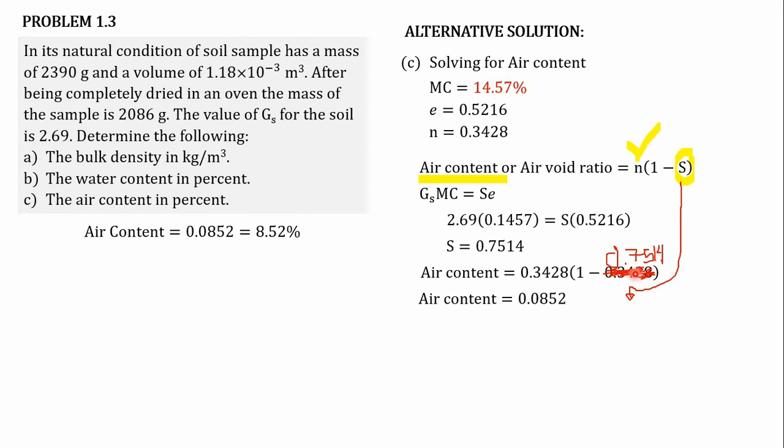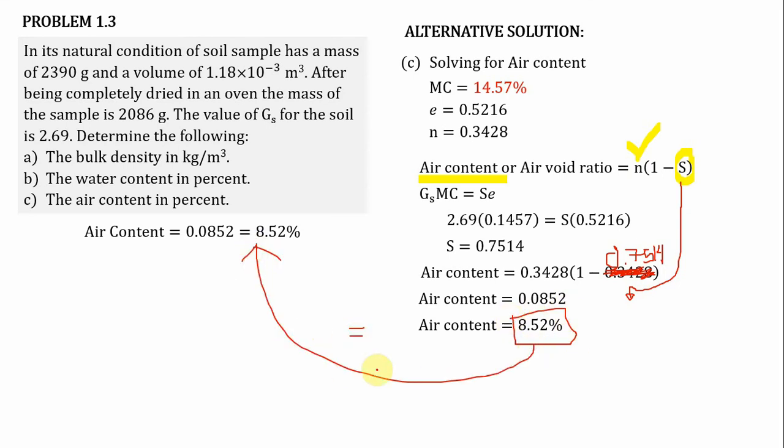Yung mistake lang natin is hindi natin na-change yung degree of saturation, hindi porosity. So, the air content is equivalent to 8.52%, and same lang din. Nakuha ba? So, yun yung alternative solution niya.